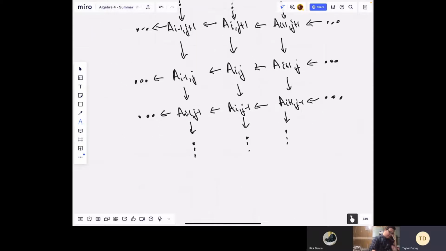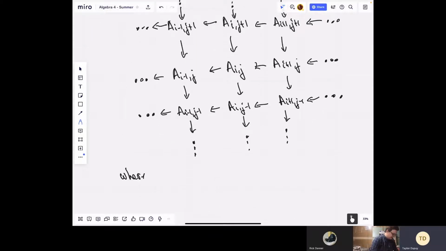So these vertical maps are going to be the d_v's, and these horizontal ones I'm going to denote by the d_h's, where d_v d_h is equal to d_h d_v. So I'm going to just ask that they commute. There are two conventions: some people ask that they commute, some people ask that they anti-commute.